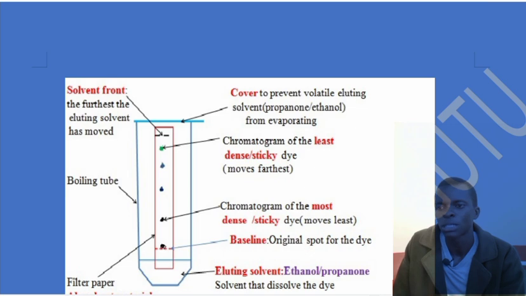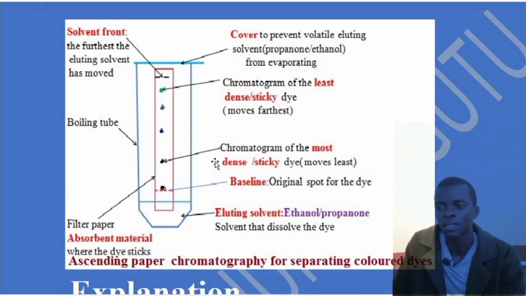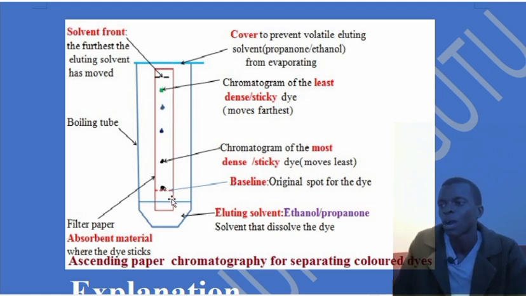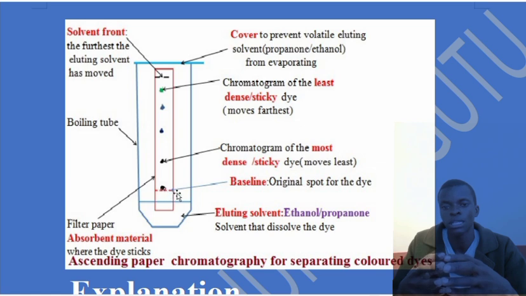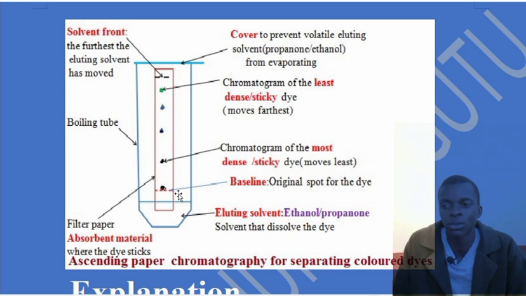It will be a spot that is denser, or that sticks more compared to the other spots. The furthest spot will either be on the solvent front or near the solvent front. So we say that the furthest it can go is the solvent front. That's the farthest point it can go to.